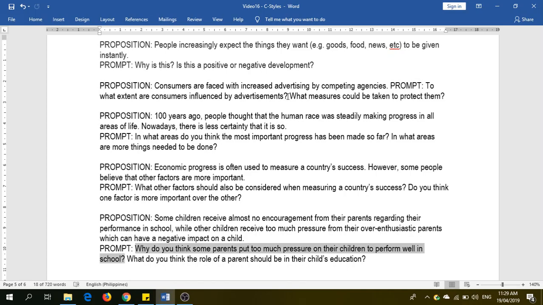So if the writer is trained under my methodology, then the writer knows that you just don't answer this question, but this question is actually talking about receiving too much pressure over here. But if you are trained in my methodology, then what you now need to realize, in conformity with cardinal rule number 2, is that you'll also have to talk about this part of the issue, about children receiving almost no encouragement from their parents.